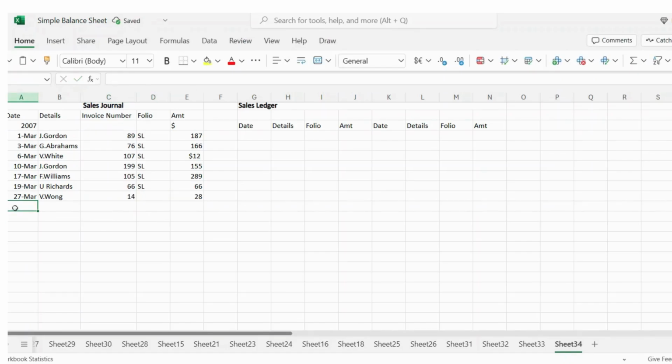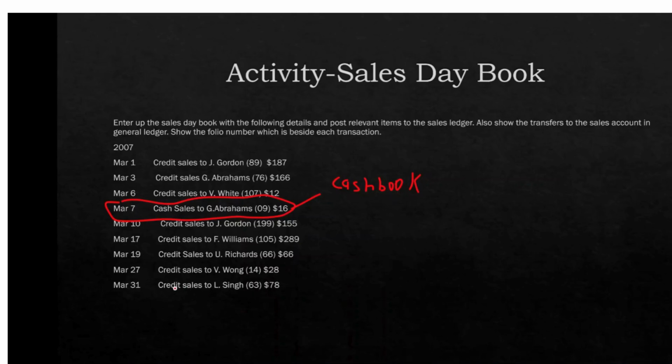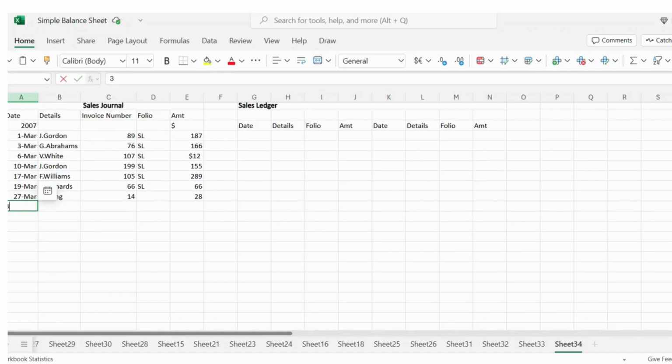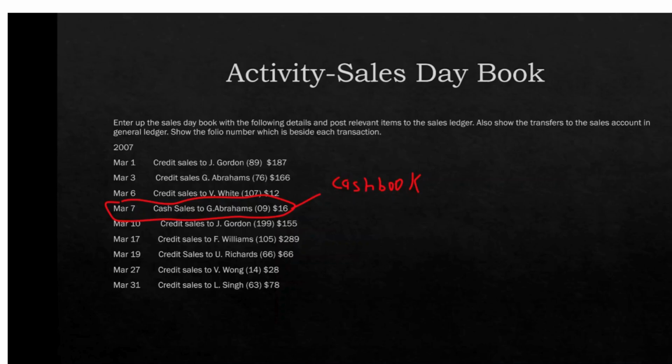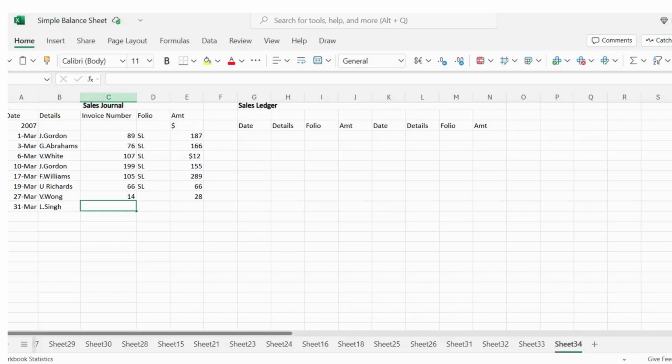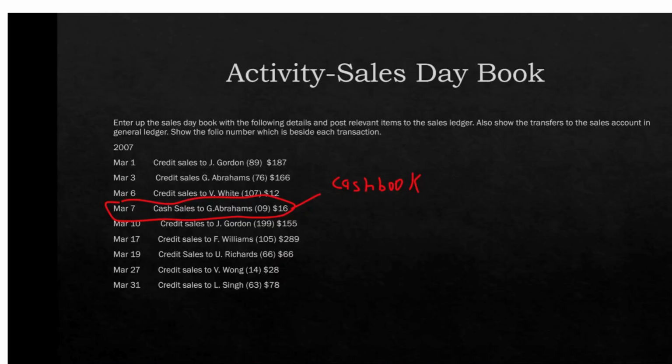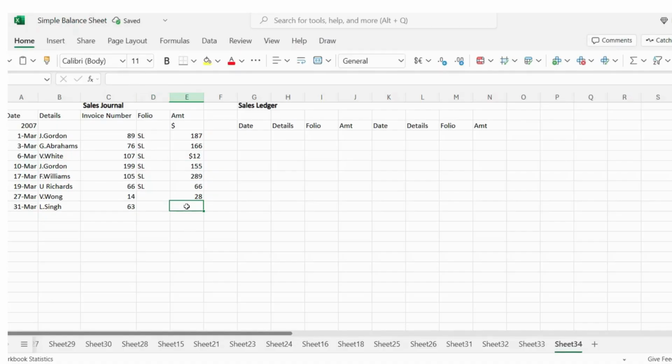And we continue. 31st of March, credit sales to L. Singh, 63 with $78. So invoice number is 63 and $78 would be our figure.